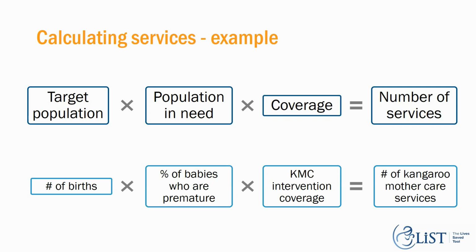The population in need will be the percentage of babies who are born premature. And finally, the coverage will be the KMC intervention coverage, the Kangaroo Mother Care intervention coverage. And all of that together will give us the number of kangaroo mother care services that are required at that coverage level.